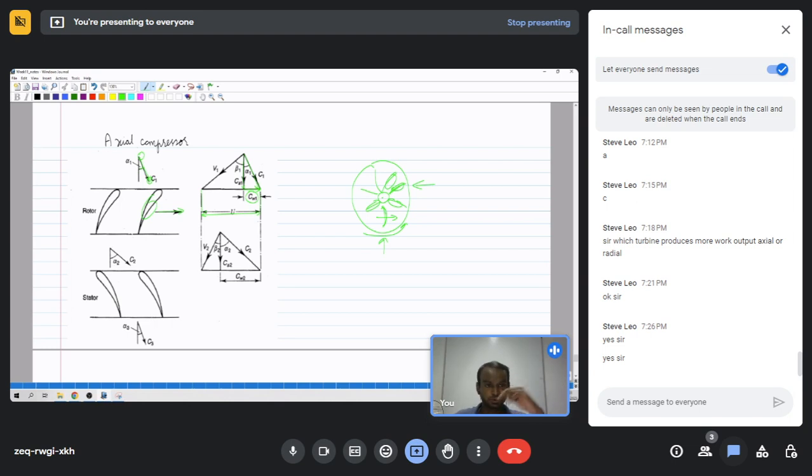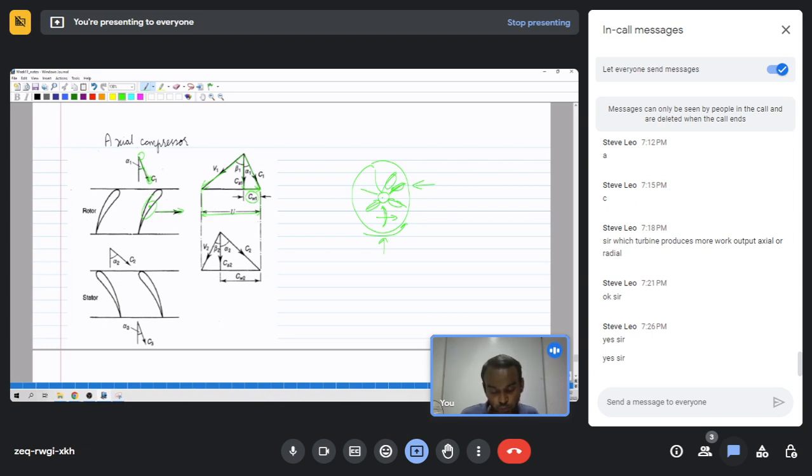So for a stationary observer you can see all this, but for an observer on the rotor, the rotor will also keep moving towards the right, the blade also is moving right, and it will see some fluid coming towards it, but by the time the fluid comes, the blade would have moved a lot. So for an observer at the blade, it will see that the fluid is going towards its left. So that is why we have this relative velocity towards the left.